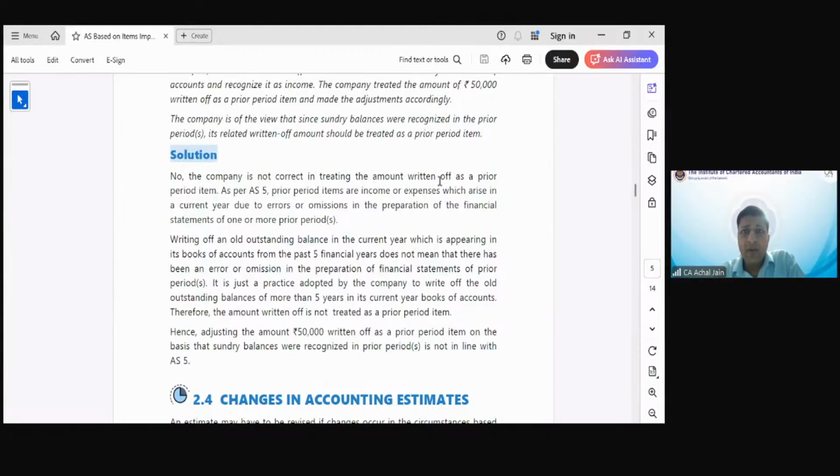So that's why to treat it as a prior period item will not be correct. Now the other question is, can we call it extraordinary or exceptional? Looking at the amount, it doesn't appear to be exceptional or extraordinary either. Clear? So to say that whenever you have any adjustment in relation to a balance, it will become a prior period item will not be correct.